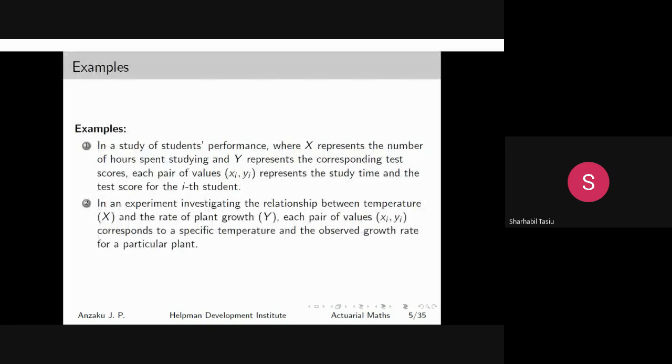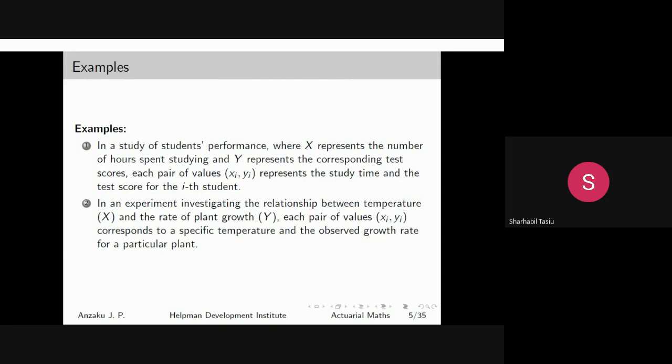Now, some examples. Let's say in a study of students' performance, X represents the number of hours spent studying and Y represents the corresponding test scores. Each pair of values, small xi and small yi, represents the study time and the test score for the ith student.